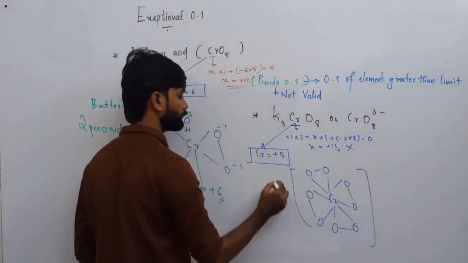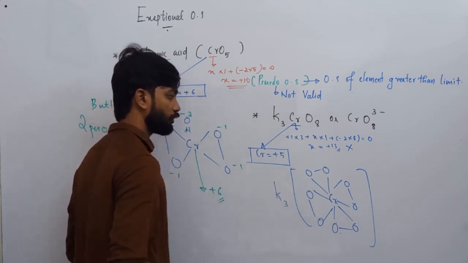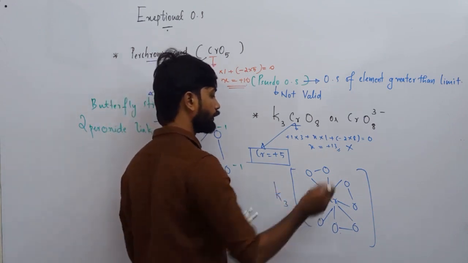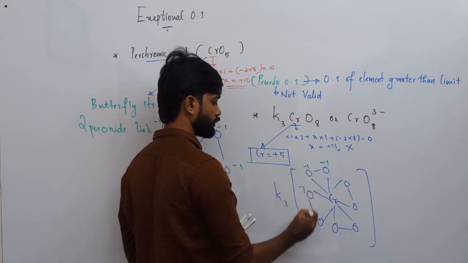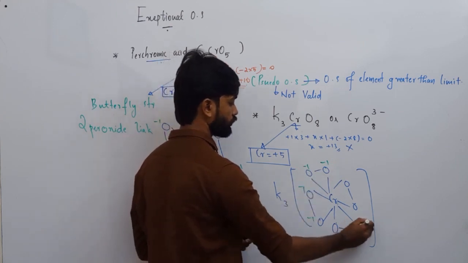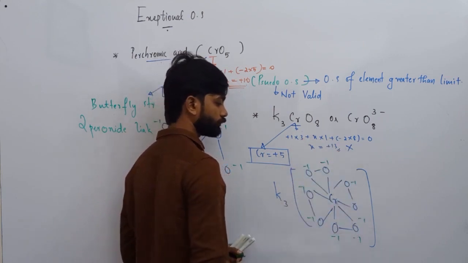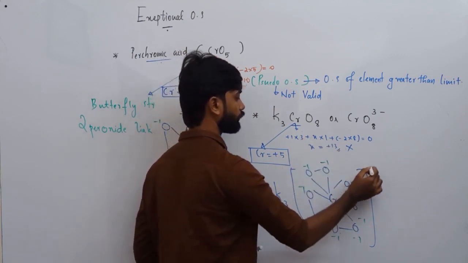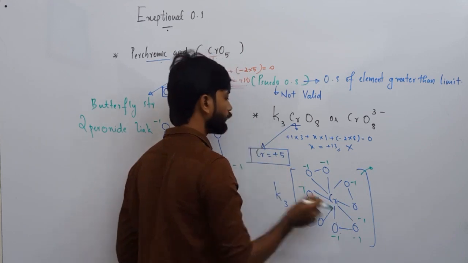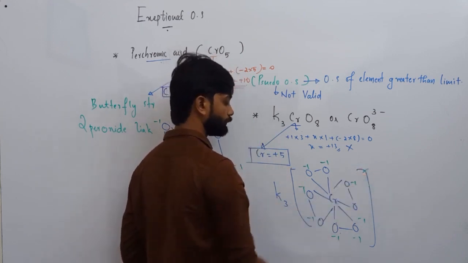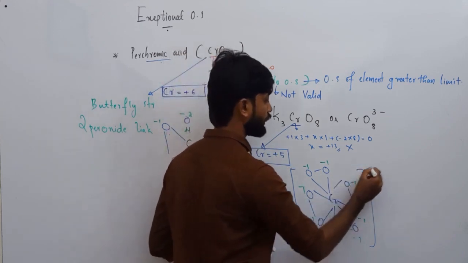And this is K3CrO8. And the polarization is -1, -1, -1, -1, -1, -1, -1, -1. So around chromium, there is actually -8 charge.